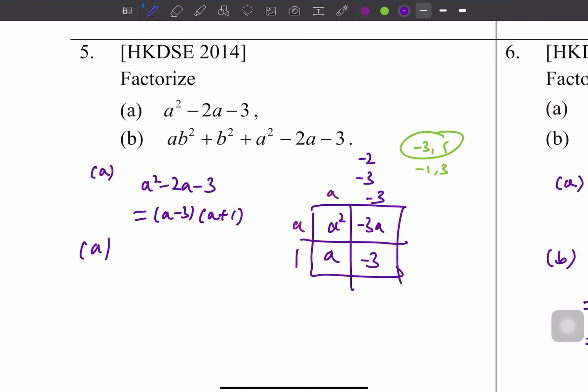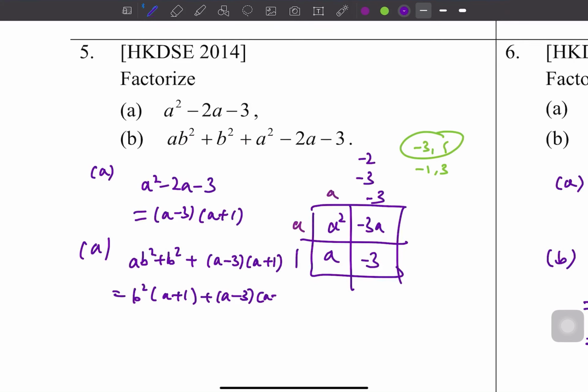Part B, can you see? Same there, so you can write down the answer. For the first two terms, maybe you can leave it. I can find the common factor of the first two terms, so you can take out b squared, remain a plus 1.